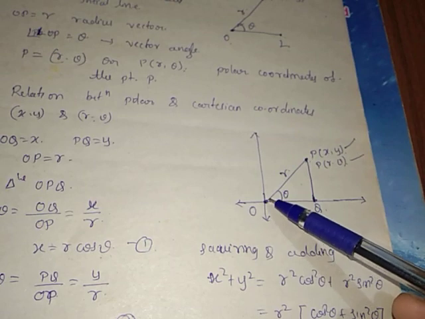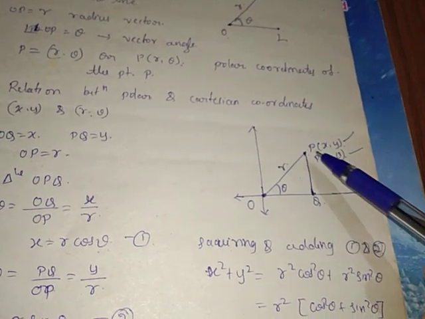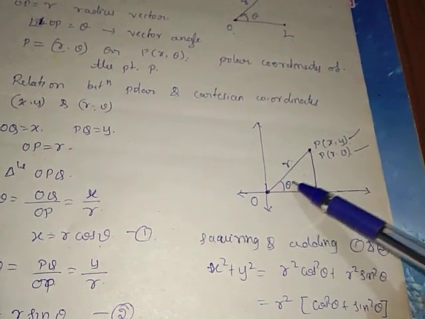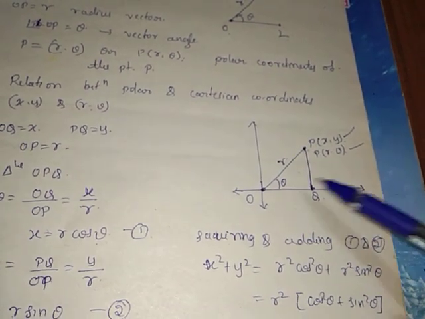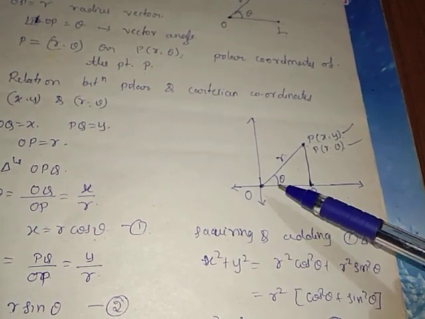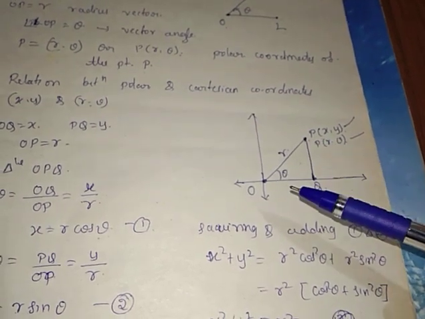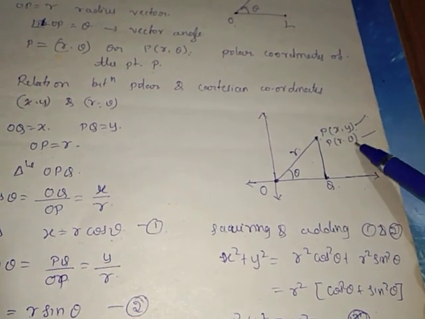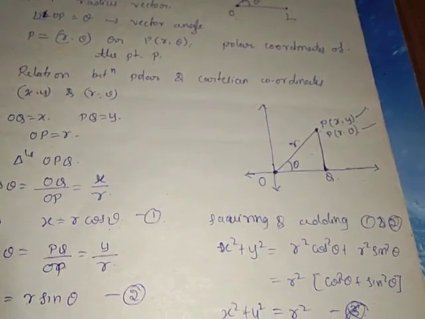Join the point P to the origin O and draw a perpendicular from P to Q. The line OP makes an angle theta with the x-axis in an anti-clockwise direction, and OP is the radius vector, or simply the radius. x comma y are the Cartesian coordinates, r comma theta are the polar coordinates.